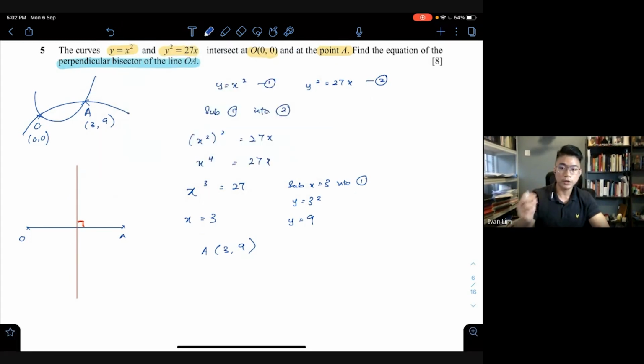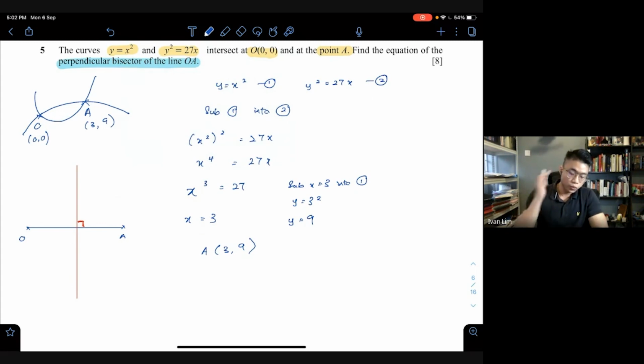For perpendicular bisector, there are a few things that you all need to know. Number one, I need to find my gradient. My gradient will be m1 times m2 equals -1 of the original line. Second thing you need to find is your midpoint. So technically you need two things only: the perpendicular gradient and the midpoint. Then we use y minus y1 equals m times x minus x1.